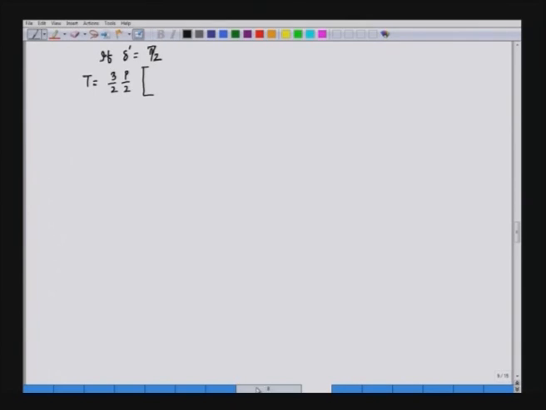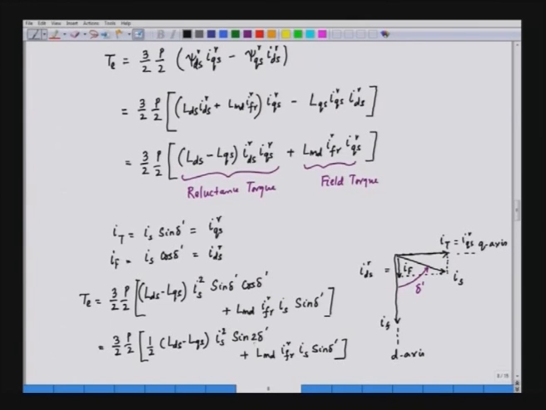If we see the first term, that is sine of 2 delta prime, if delta prime is pi by 2, 2 delta prime is pi, so sine of pi is equal to 0. So, the first term vanishes, and the second term will be present.